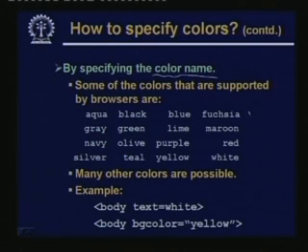Some of the colors that all browsers support are these: aqua, black, blue, grey, green, lime, etc. So, you can use one of these colors also in this specification. For example, you can say body text equal to white, body BG color equal to yellow. This example shows you that the begin and end quotes are optional. You can give them, or you may not give them. Both will be interpreted correctly by the browser.